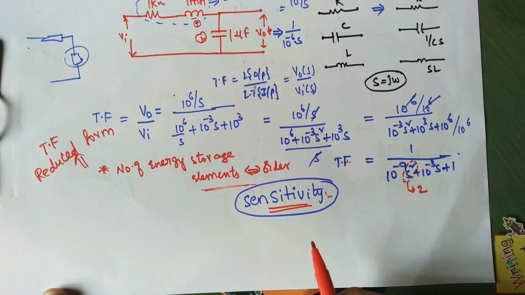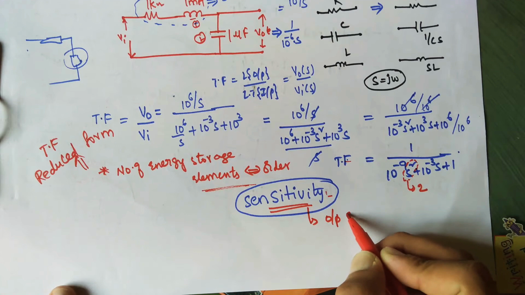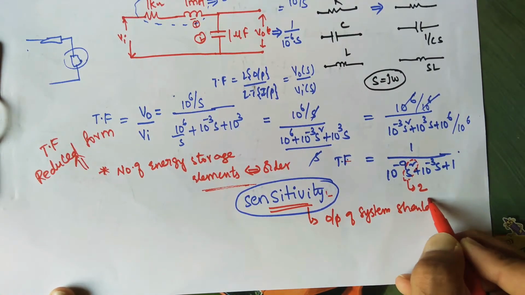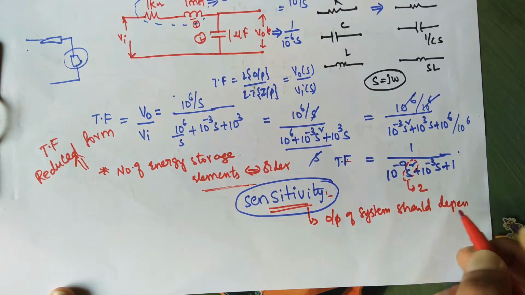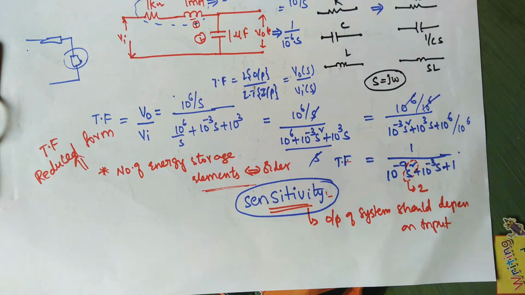Everyone wants a system to be designed in such a way that the output of the system depends on the input. If the output of the system does not depend on the input applied, then no one wants to buy such systems in the market.